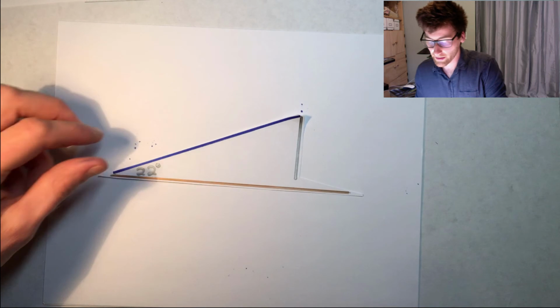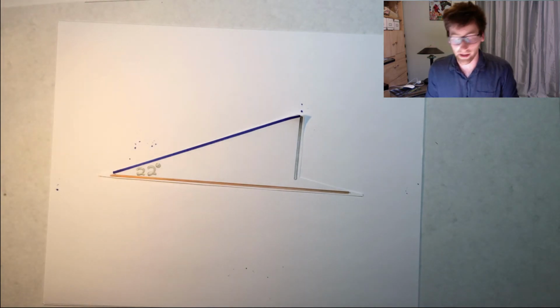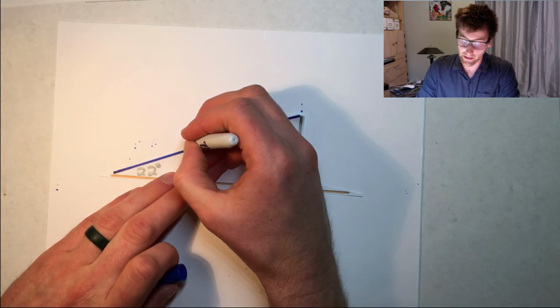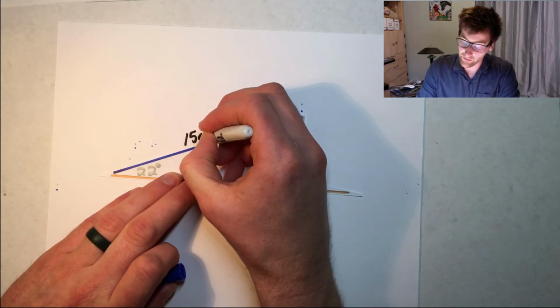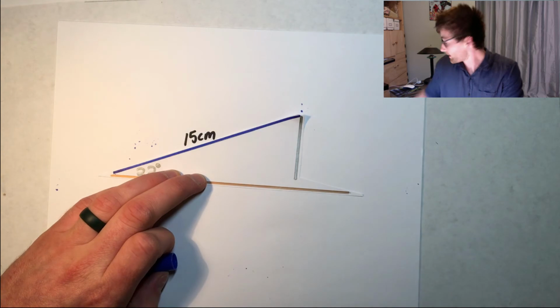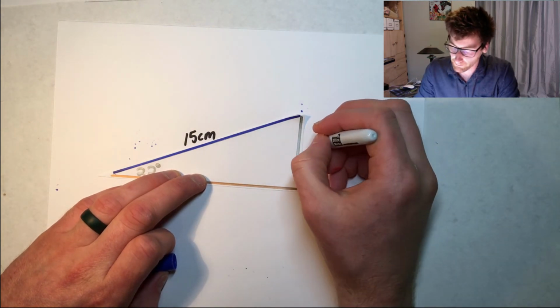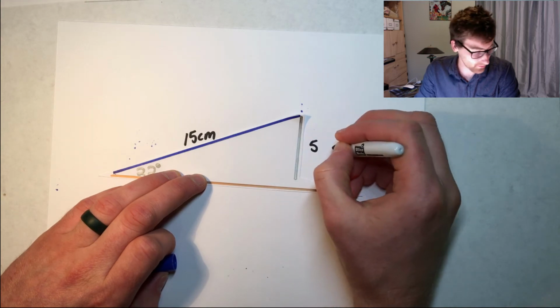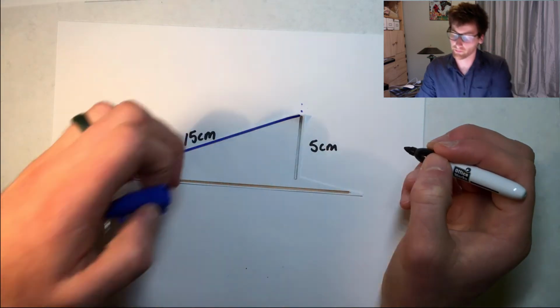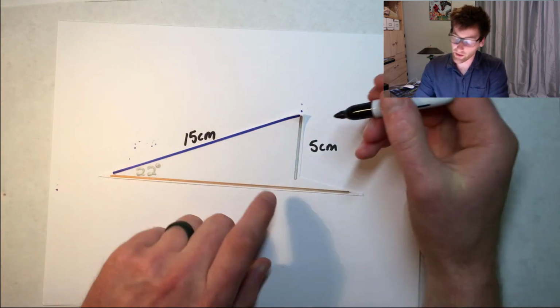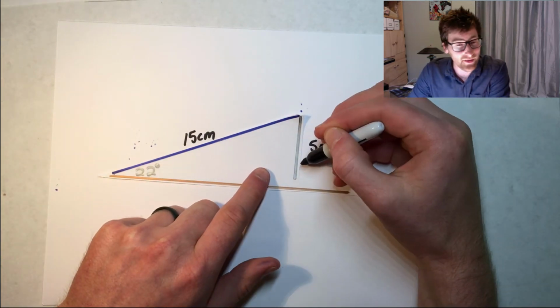Here is example number 2. Say you have a triangle and they give you the information where one side length is, again, 15 centimeters and the other side length is 5 centimeters. So they give you a new triangle where one side length is 15 centimeters and the second side is 5 centimeters.